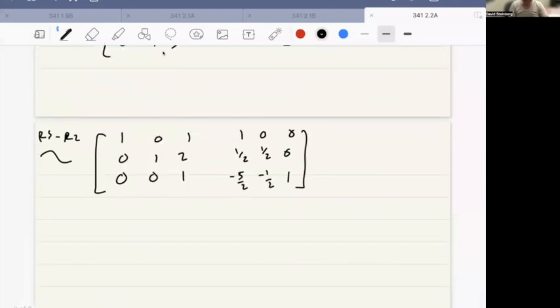We're almost there. Let's do the last two steps. We want row 1 minus row 3 and row 2 minus 2 row 3. So 1, 0, 0. Now this is the annoying part.